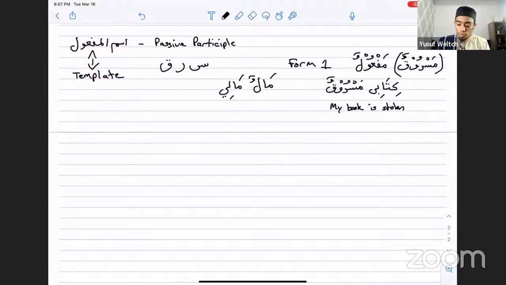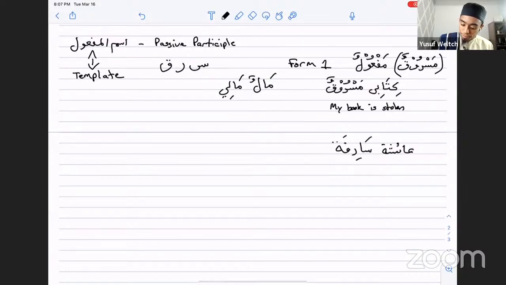Okay. So if we just use those two before we go to form 2, let's have equal opportunities. Okay, so Aisha sariqatun.